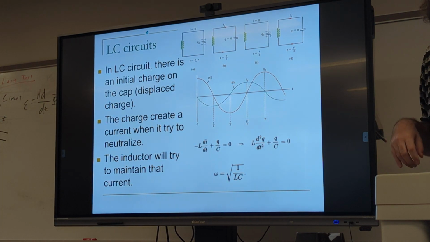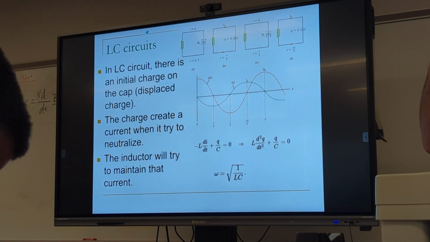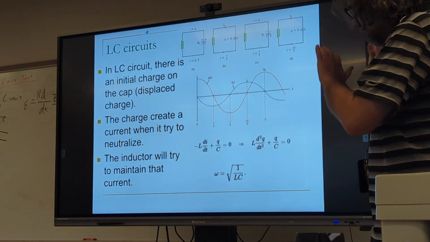What would the time constant be? I need to look up the time constant if you have an RLC circuit, because I'm curious what would happen. I would think the resistance would affect it, but anyway, we're going off track.